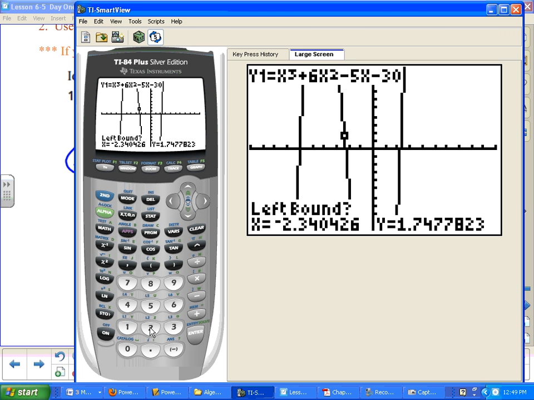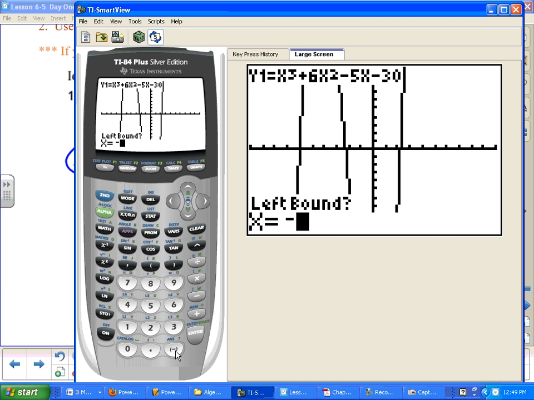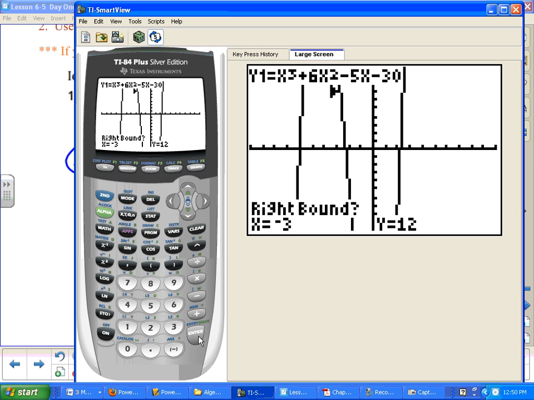So my left boundary can be anything to the left of that point, so it could be -3, or -4 or -5. Your calculator will allow you to type in the number you want for the boundary, so you could type in -3 and press enter. You'll see that the value at -3 is 12, and it puts this little triangle on your screen.